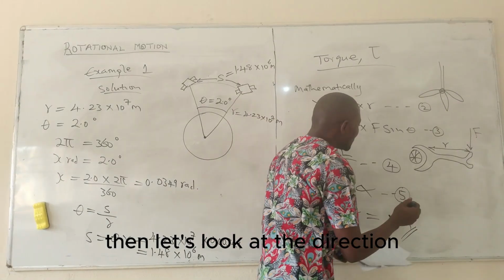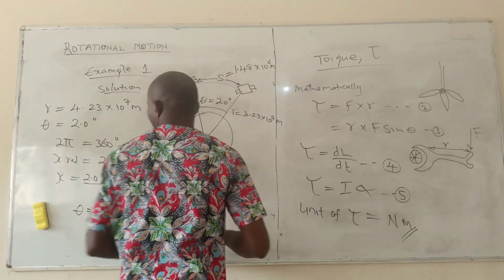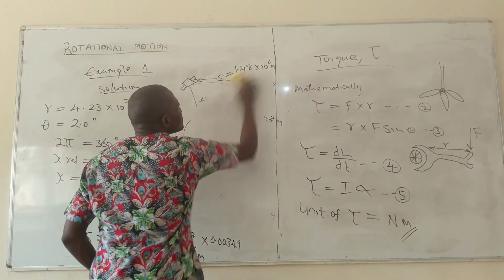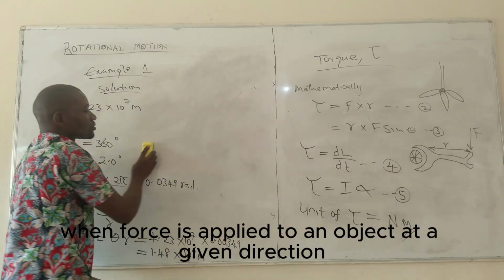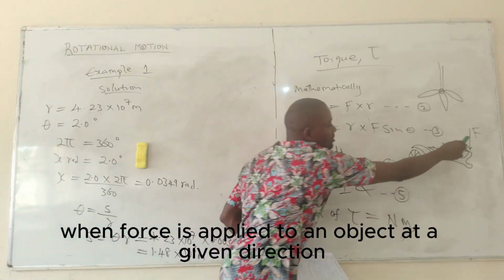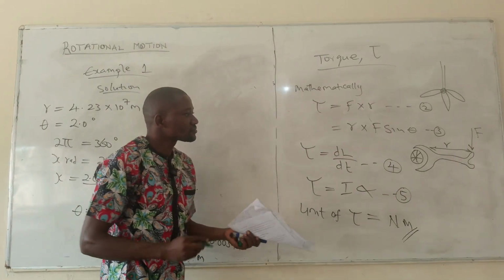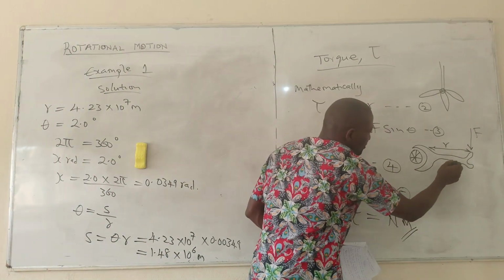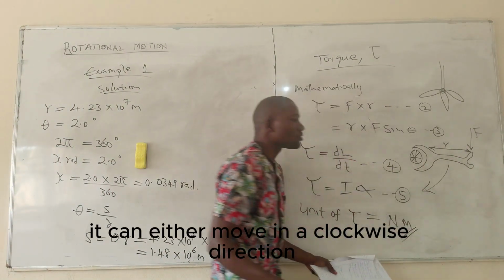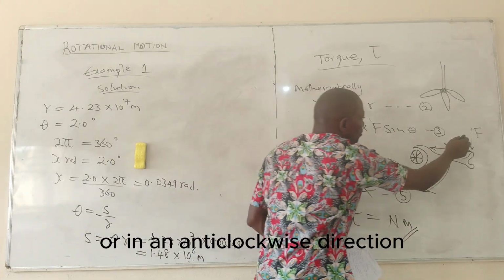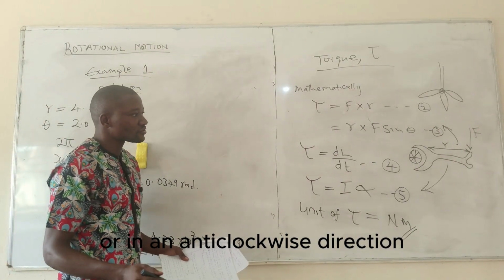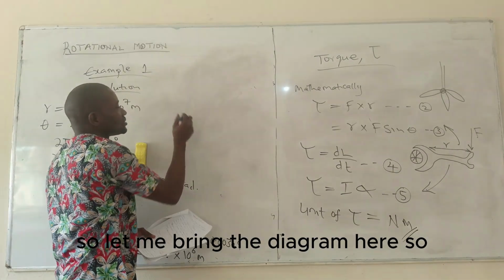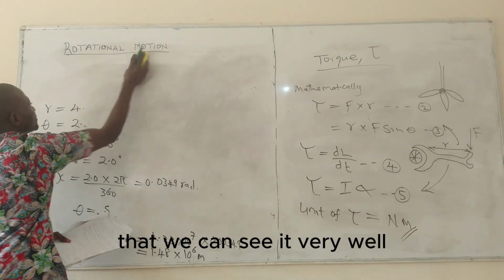Then let's look at the direction. When force is applied to an object at a given direction and a given distance, it can either move in a clockwise direction or in an anti-clockwise direction. So let me bring the diagram here so that we can see it very well.